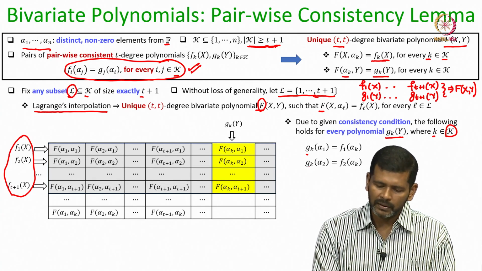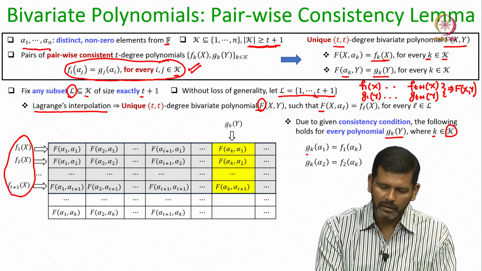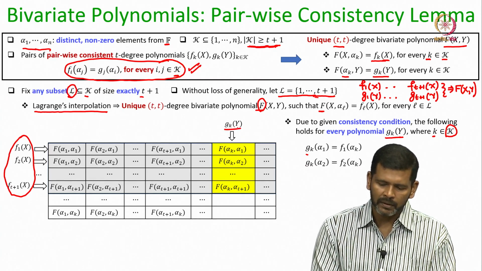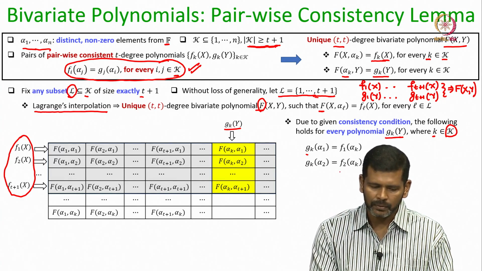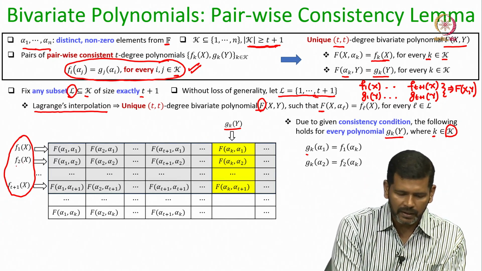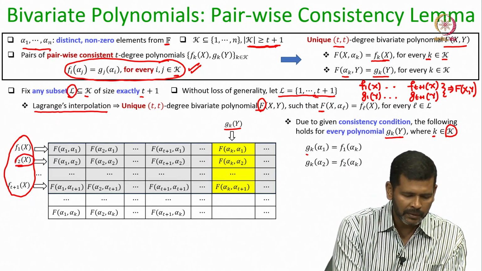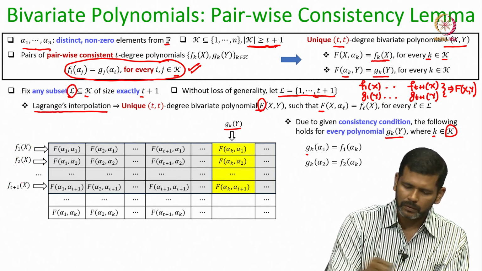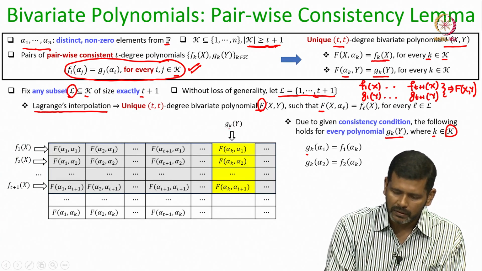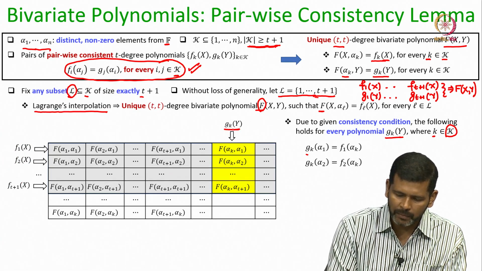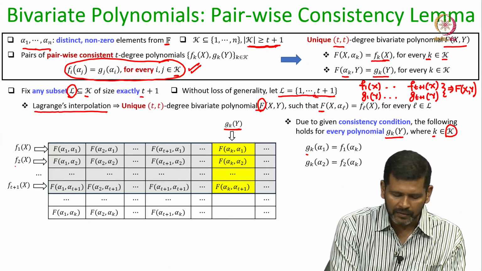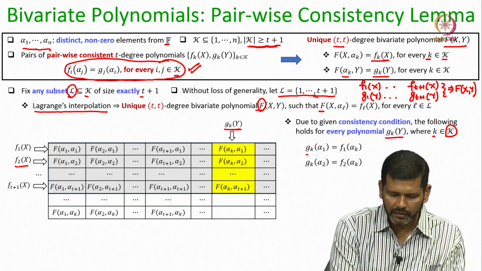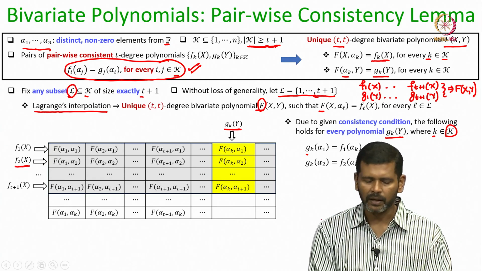It is also given that the same kth y univariate polynomial evaluated at alpha 2 gives the same value as the second x univariate polynomial evaluated at alpha k.